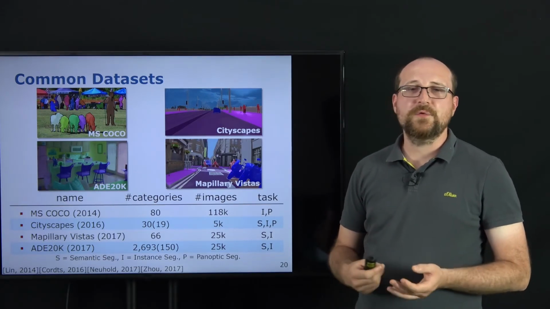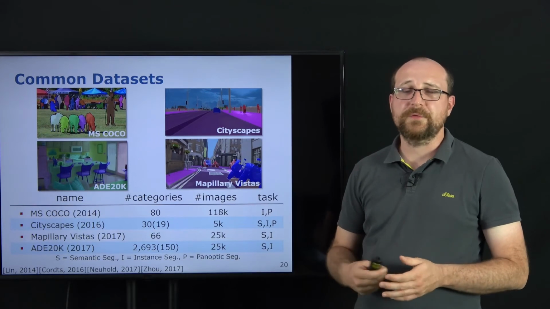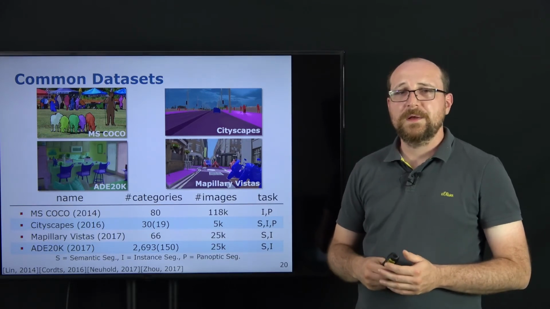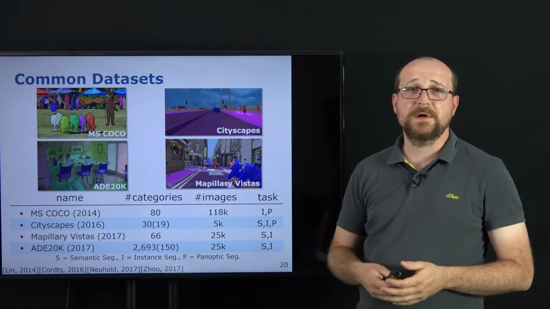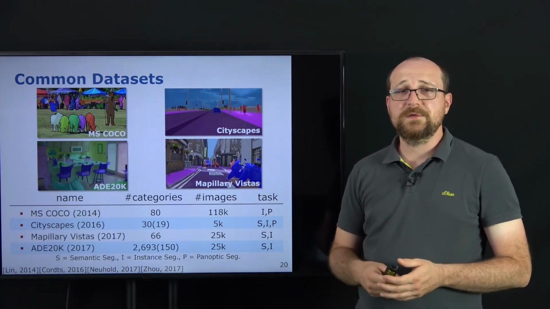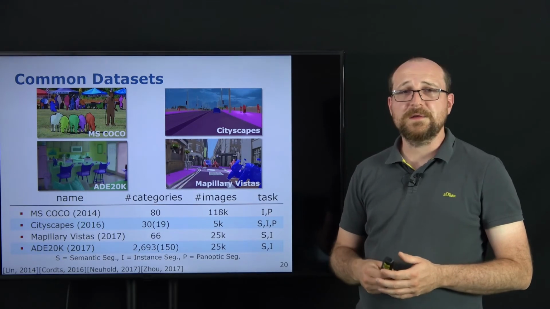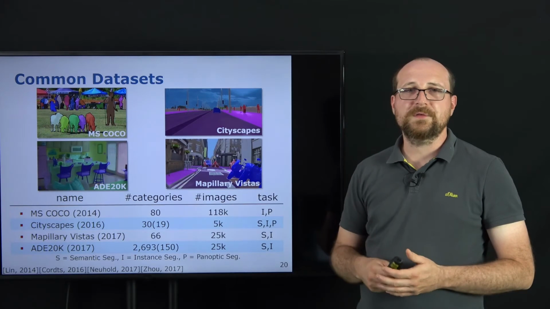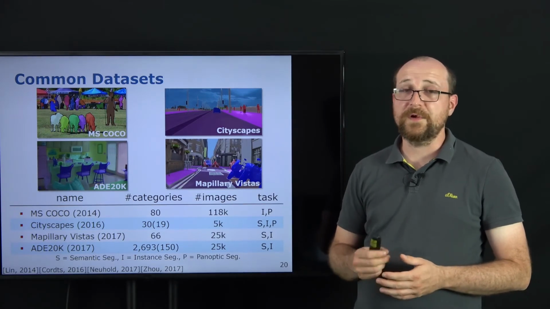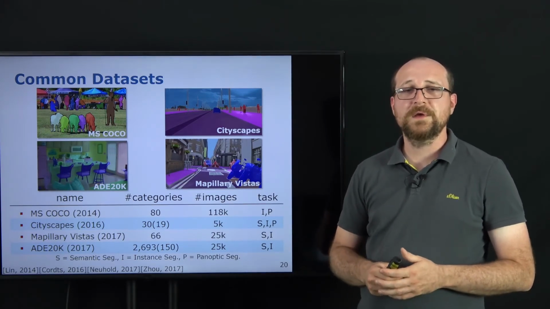And they are mainly used for panoptic segmentation, but also instance segmentation. A similar data set with a much larger number of categories is the so-called ADE20K data set, where we have over 2,600 different object classes. So it's very fine-grained annotated.